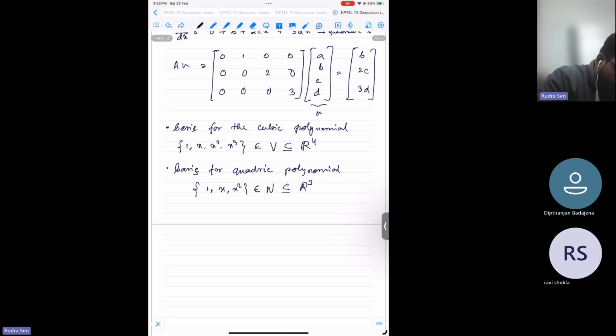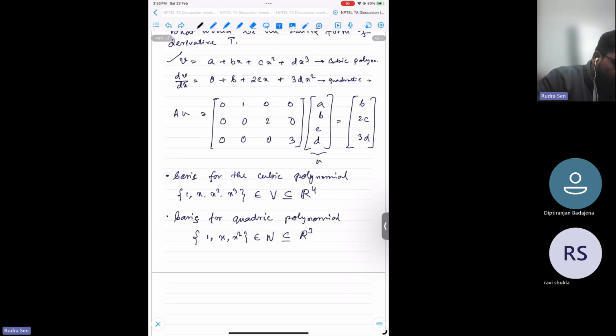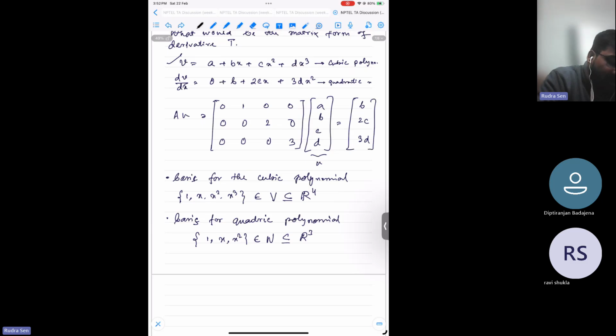Since this is a basis, v is any vector in the vector space capital V, where a, b, c, d are the constant terms, and 1, x, x square, x cube are the basis. So this is the linear combination.